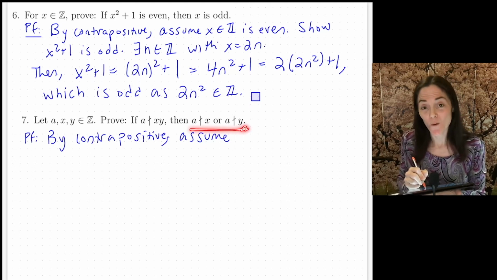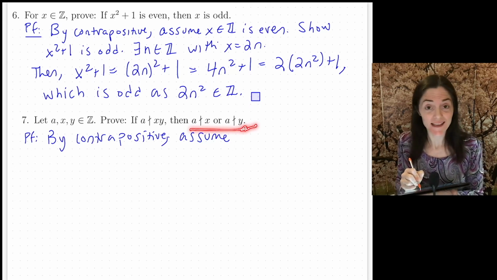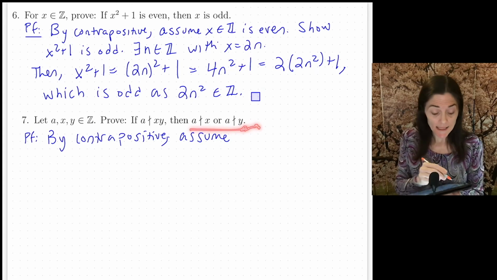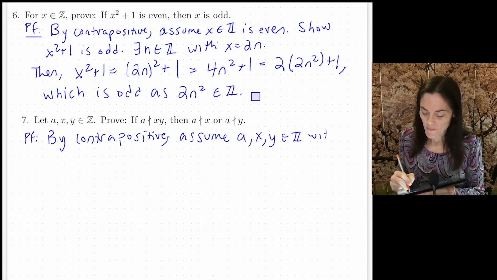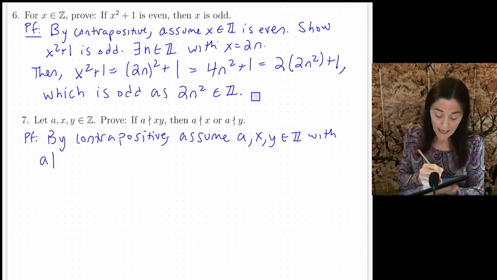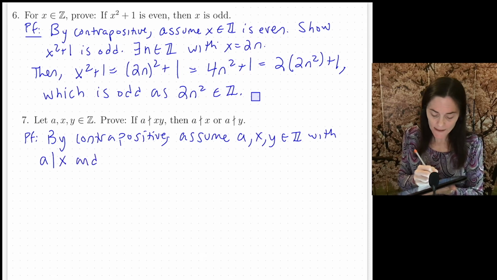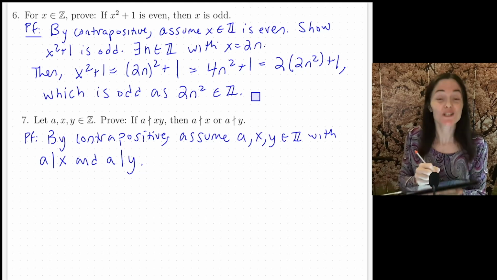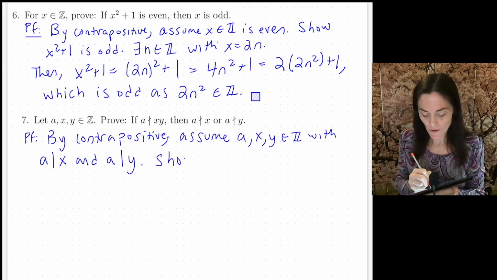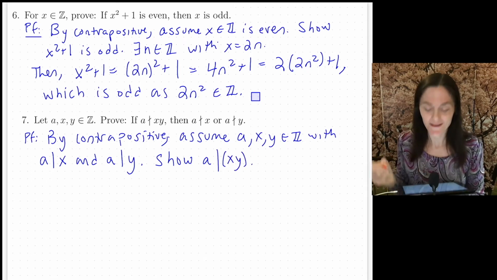And when we negate an or, this becomes an and. This was De Morgan's. So we assume, well, we have integers, very nice. But here it says a does divide x and a does divide y. And then I want to show that a divides this product, xy, okay?